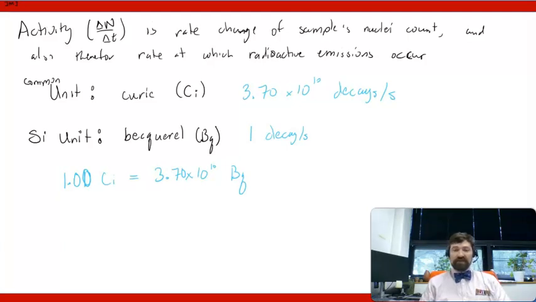And so you can date things that are a few thousand years old, up to maybe tens of thousands or even possibly hundreds of thousands of years old, using carbon.